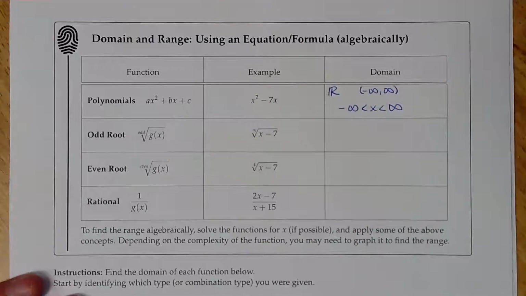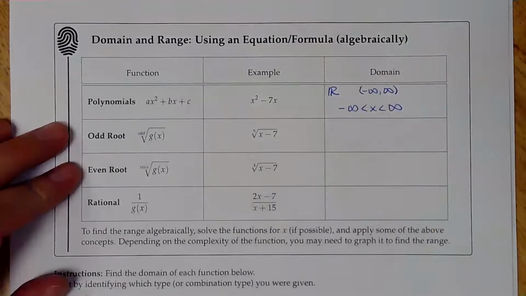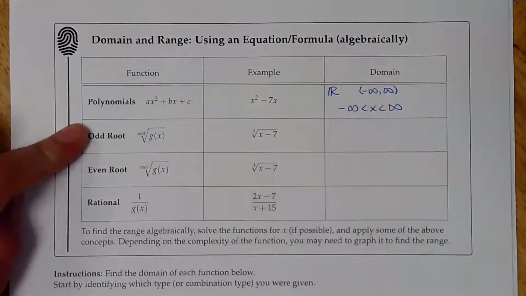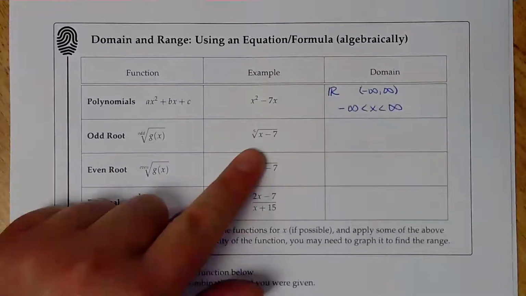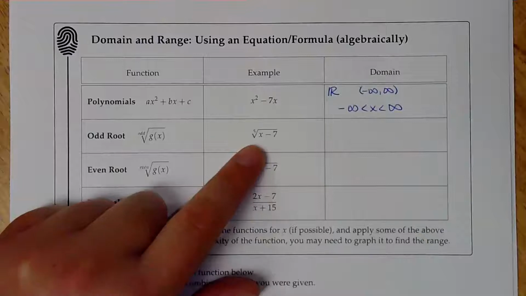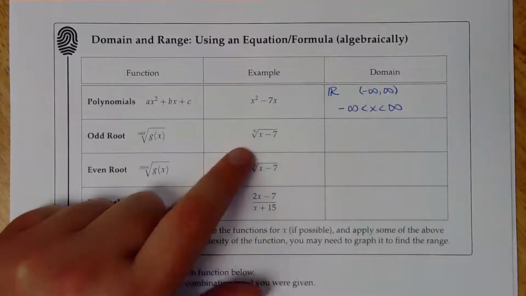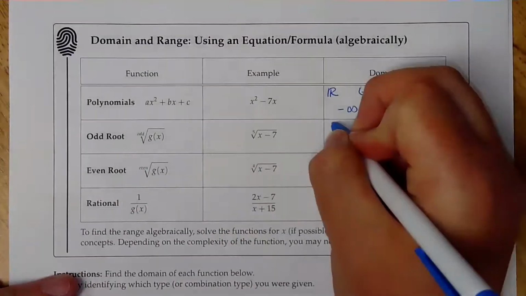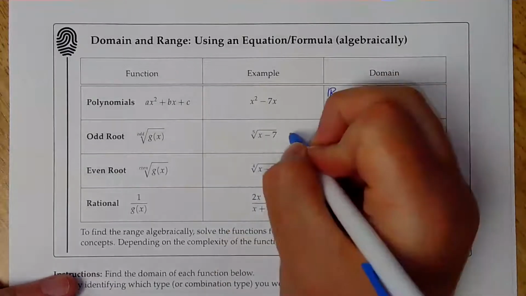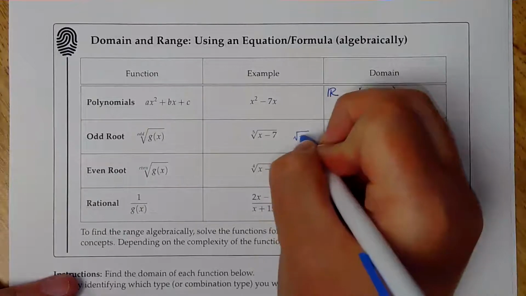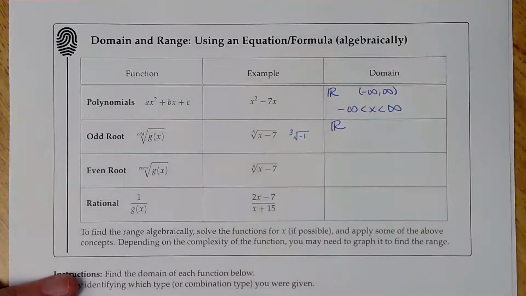All right, and then we have roots. So there are 2 types of roots, either an odd root or an even root, and they have different domains. So an odd root would be like a cube root or the 5th root. And for an odd root, your domain is all real numbers. So you can take like the cube root of -1. That is allowed. I had -1, I took that cube root.